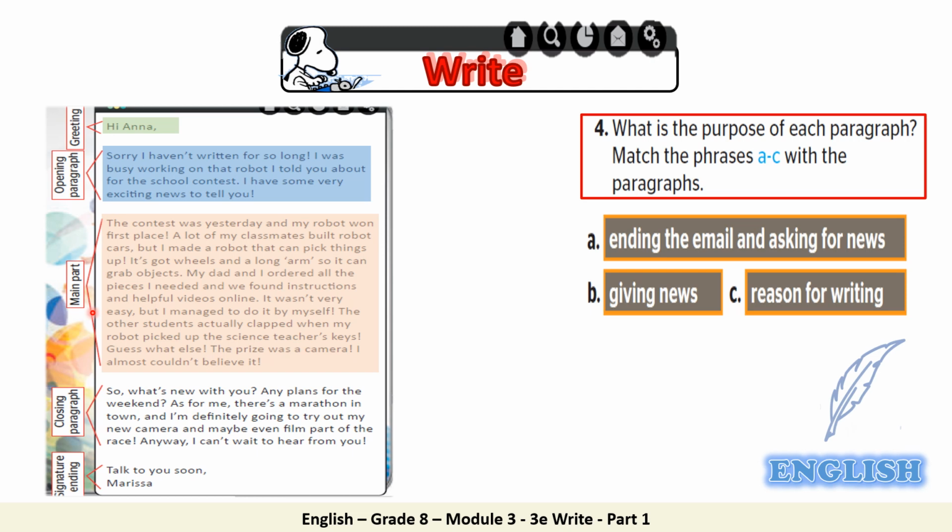So as you notice, she gives her friend Anna some details about the contest, what happened with her, and how things have been for her lately. And then, a very common transition word in informal emails. So, what's new with you? Any plans for the weekend?